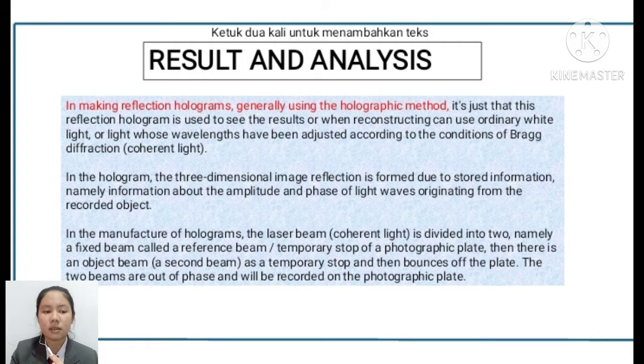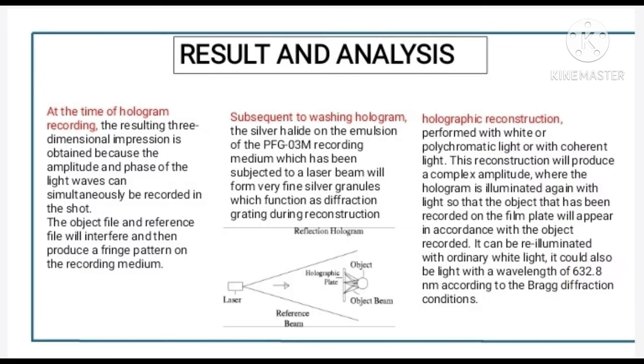Then there is an object beam, which bounces off the object and then onto the plate. The two beams are out of phase and will be recorded on the photographic plate. At the time of hologram recording, the resulting three-dimensional impression is obtained because the amplitude and phase of the light waves can simultaneously be recorded.